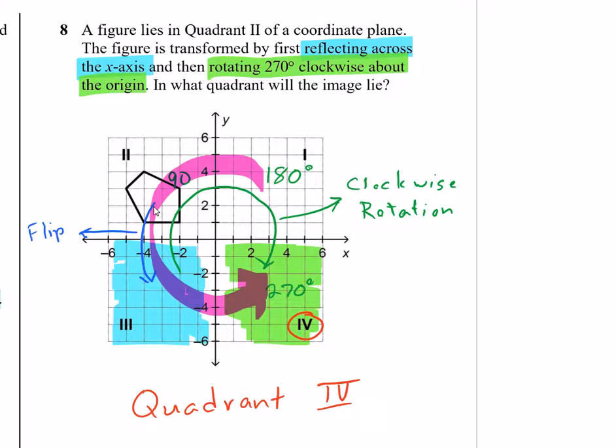You can just make a C going from the quadrant at the top right all the way down to the bottom right. And that is the order. So 1, 2, 3, and 4. But again, it was a flip from quadrant 2 to quadrant 3, then 270 degrees clockwise, which means we're turning to the right, and that gives it into quadrant 4. When we name our answer, we need to still keep the Roman numerals.